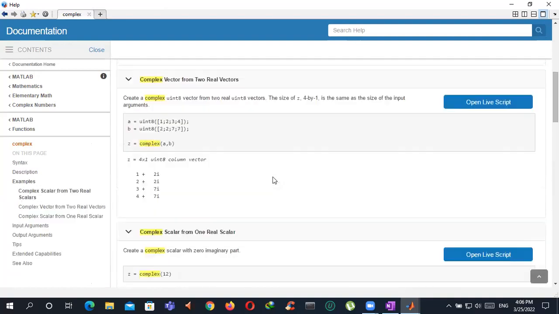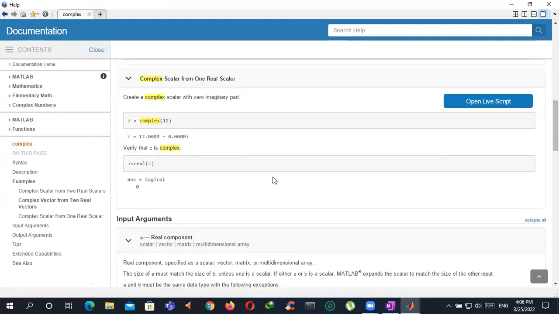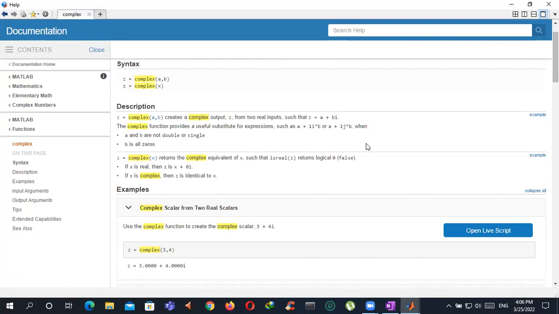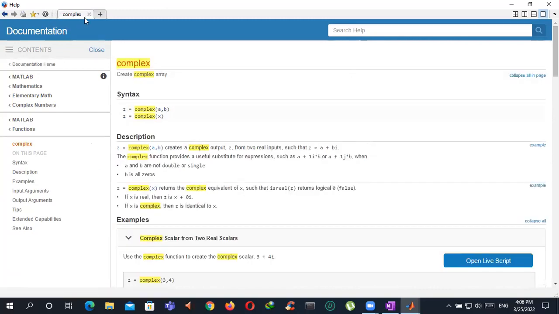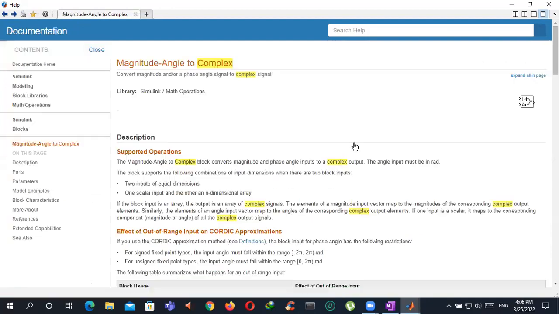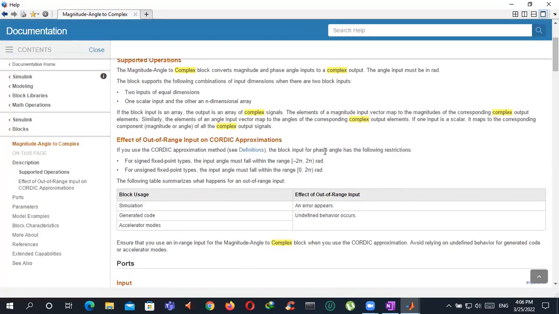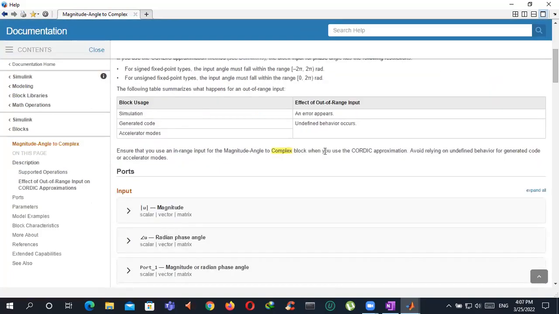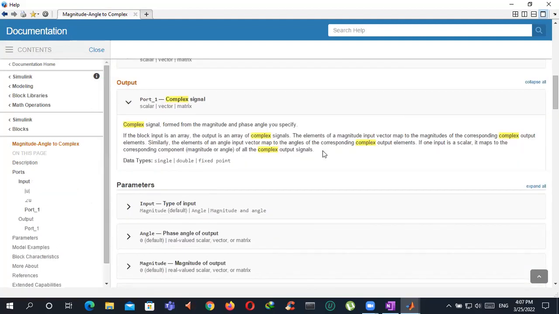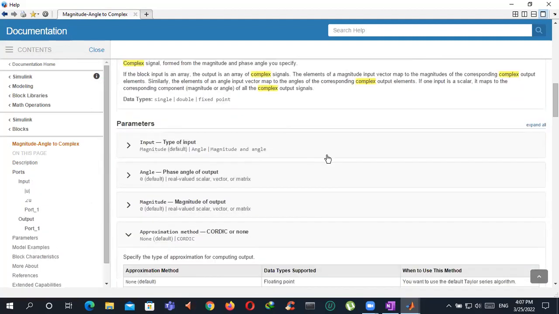You can have a look at how to represent a complex number in phasor form in MATLAB. I guess it can be done as well, but I cannot recall right now. I will have a look as well.